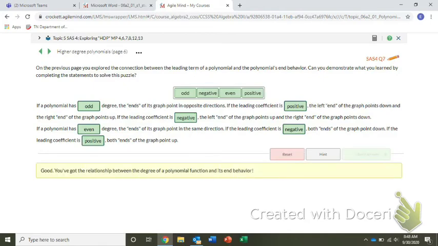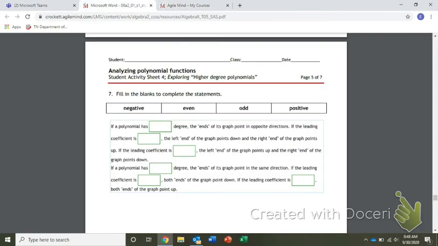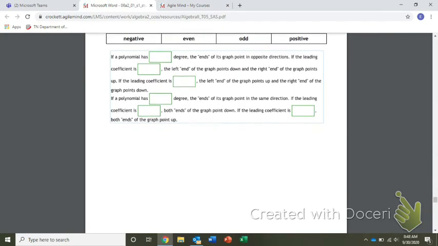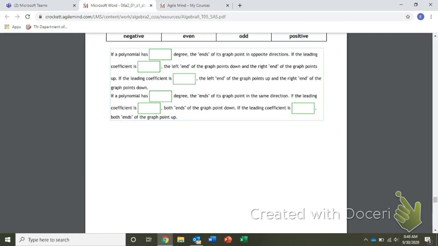Now, here is where you want to really pay attention today. All right. So this is the same thing.